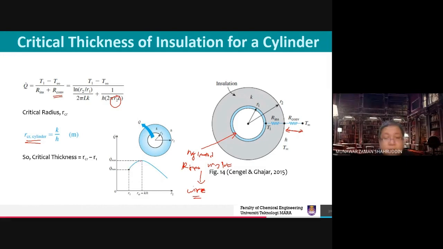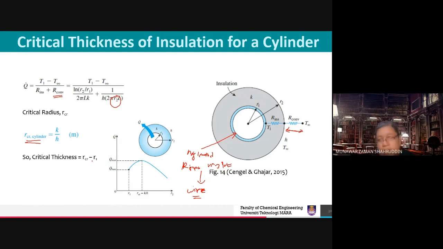Tapi akhirnya bila you tambah lagi insulation tu, Q dia dah makin menurun. Q ni is basically the heat ni lah, heat loss to surrounding.